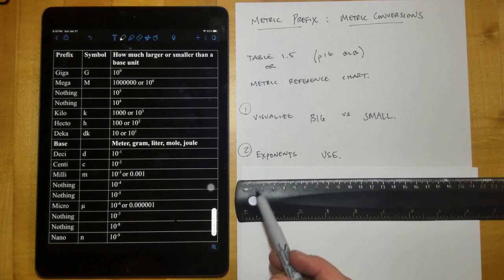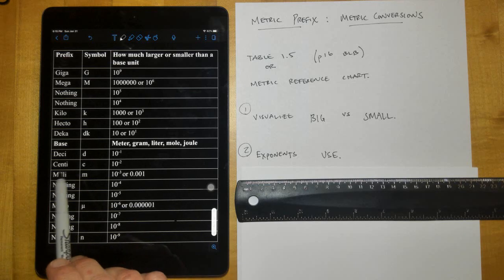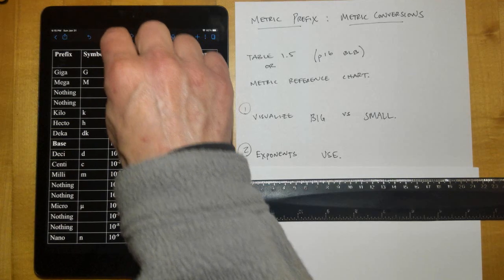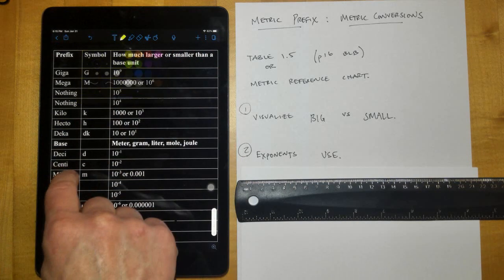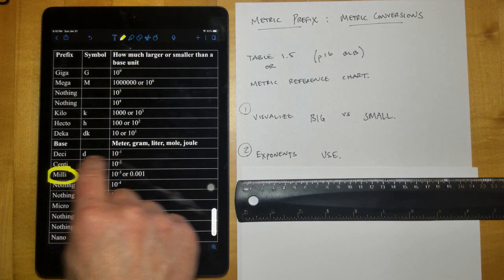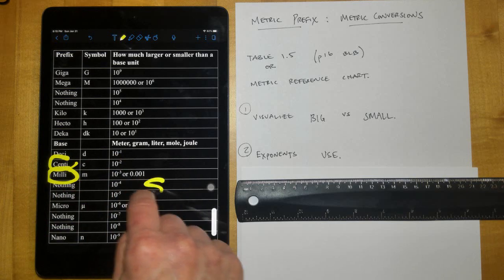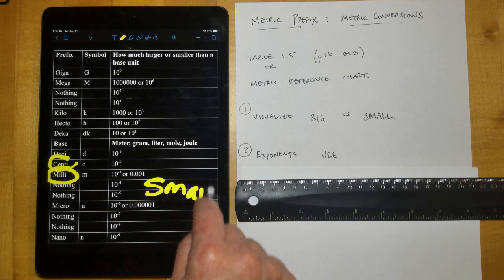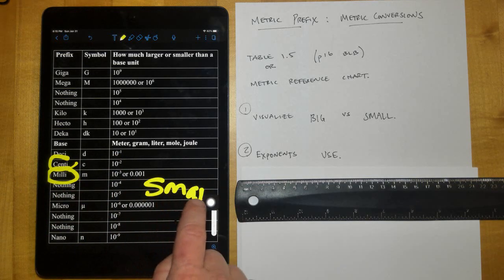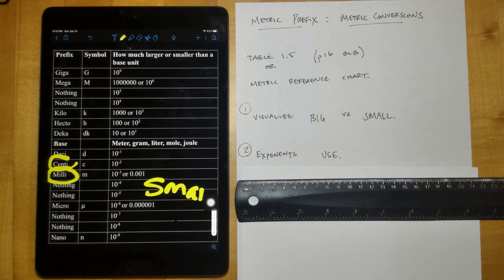And of course, there are 10 millimeters in a centimeter. So there are 10 of these smaller units, these millis, in these larger centis. You can always say that these are the smaller units down here, and there are going to be lots of these small units in these large units.